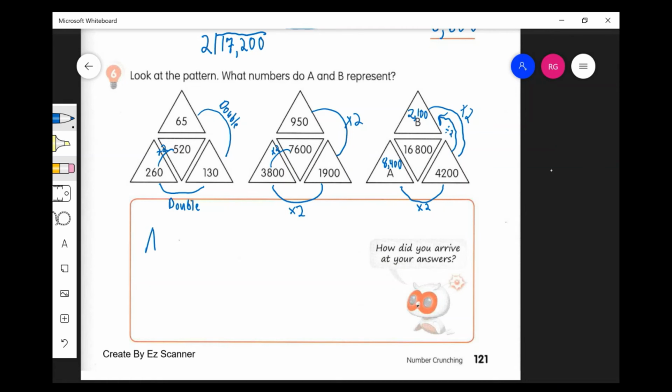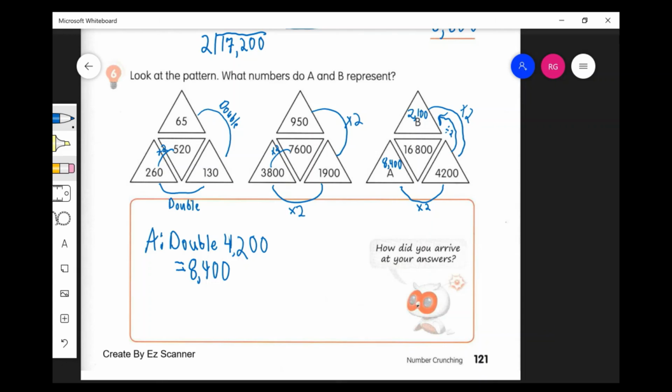So we could write A, we know, is double 4,200, which is going to equal 8,400. Okay, so 4,200 times 2.